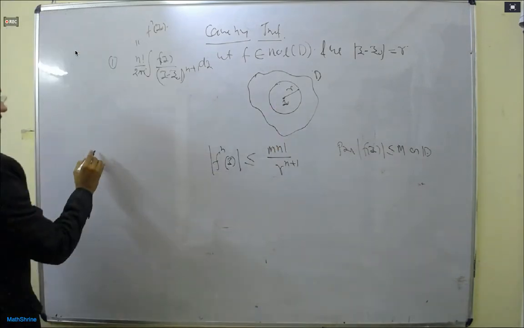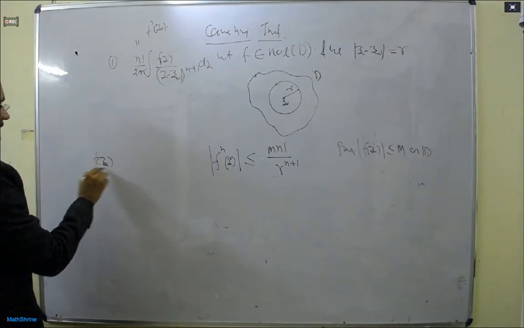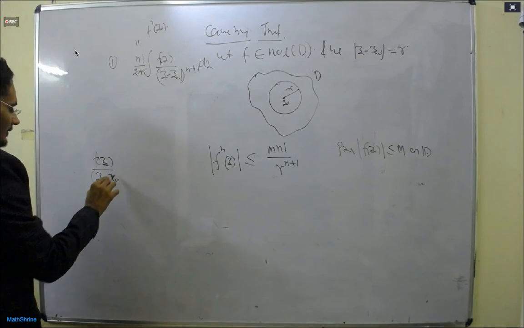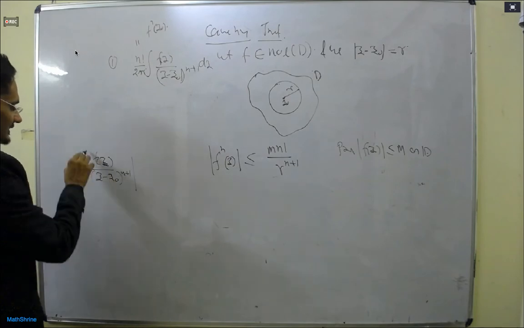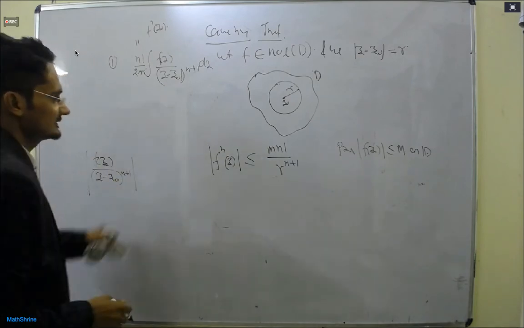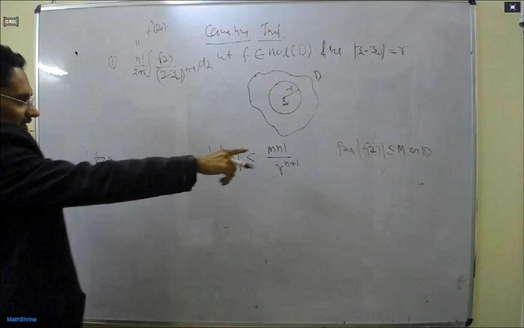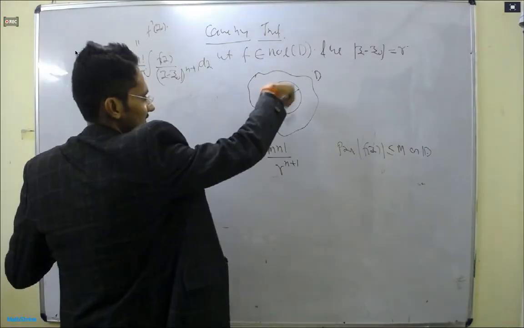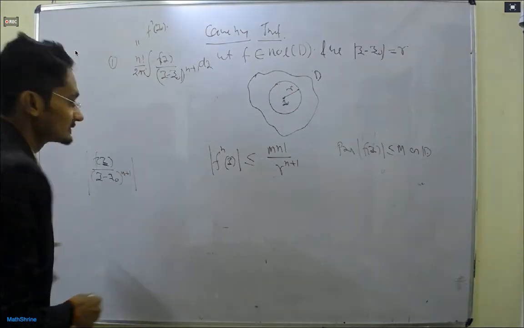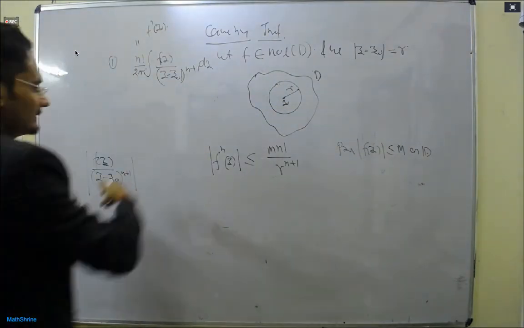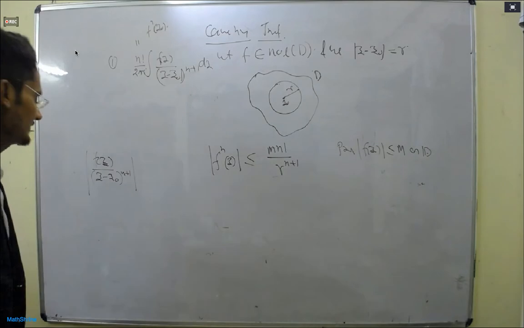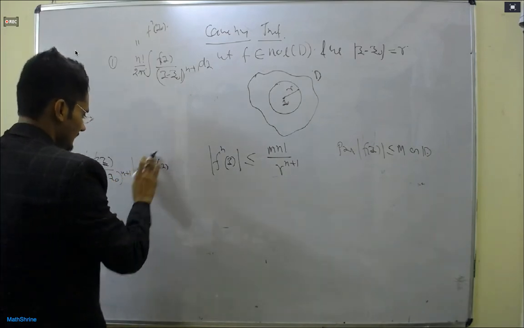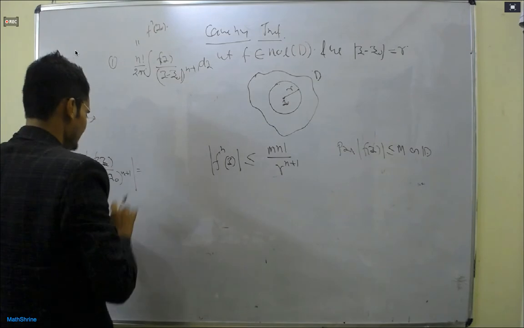I am calculating on this region. Our function is bounded everywhere. So mod f(z) is less than M, and z minus z naught is equal to r, so this will be r power n plus 1.